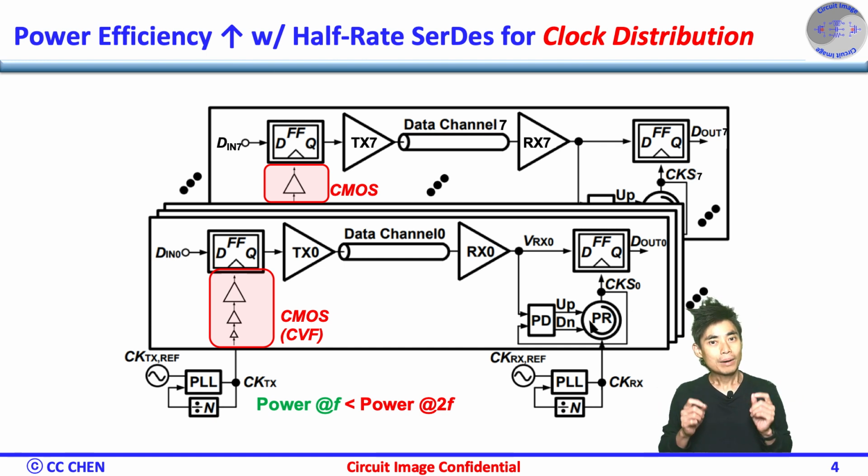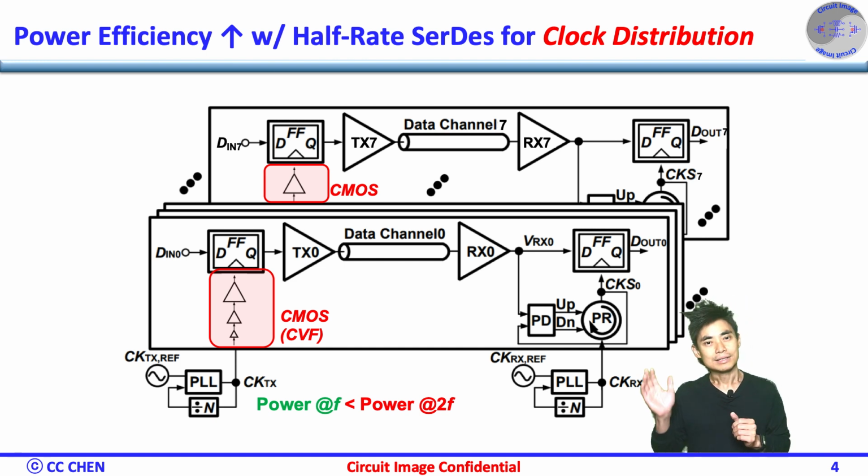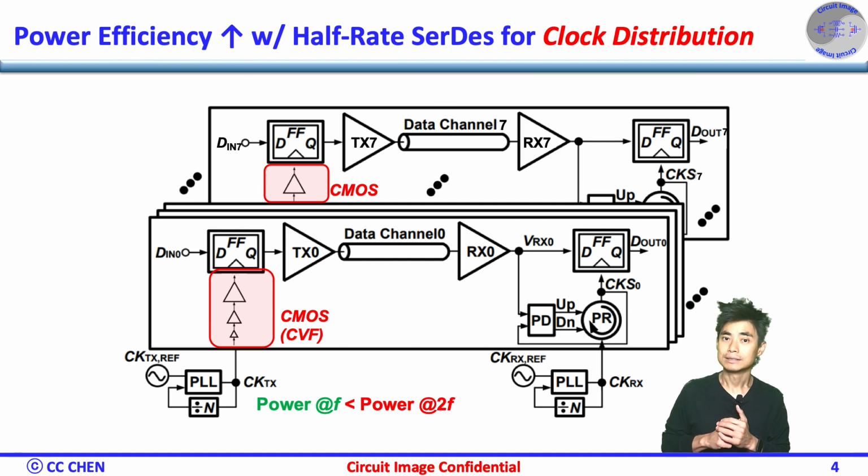To save power at the most advanced process node, we may prefer CMOS clock distribution instead of the traditional CML clock buffer. Then the CV²f curve may show you a half-rate clock frequency may result in only half current or power in your clock distribution, no matter at the TX clocking or even the RX clocking if needed.